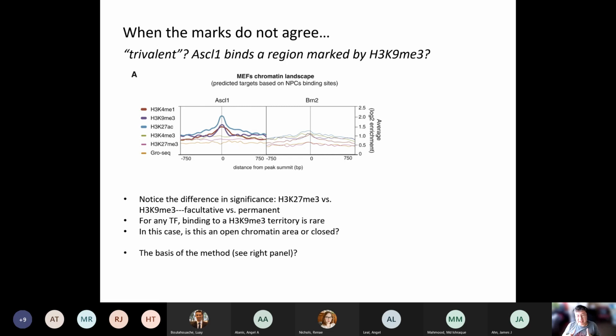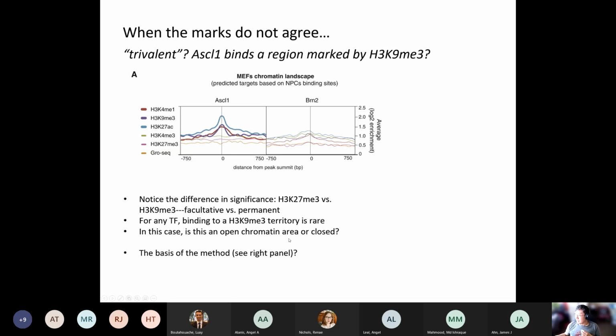It's extremely negative. It is almost never associated with open chromatin. So K9 is a very negative modification. But you can see here this transcription factor binds to a region marked by both positive and negative modifications. But that negative is so negative that we don't even consider that to be bivalent most times, because the negative is too negative.